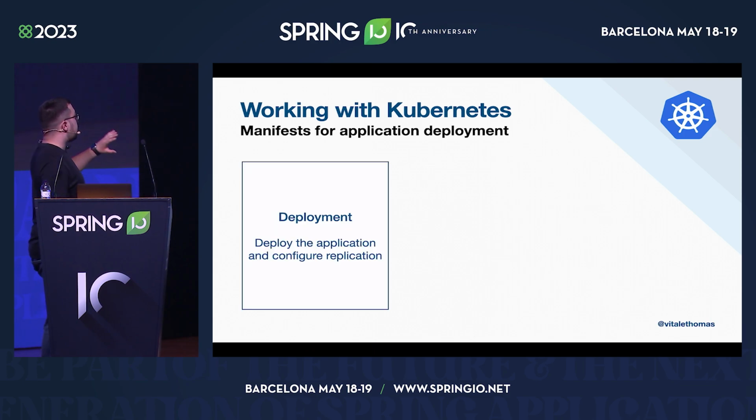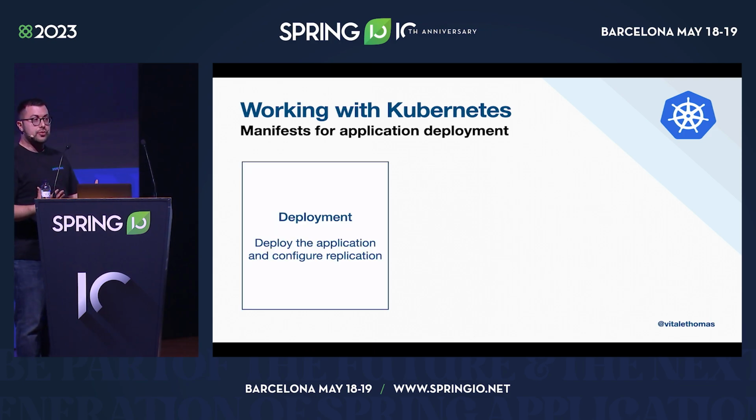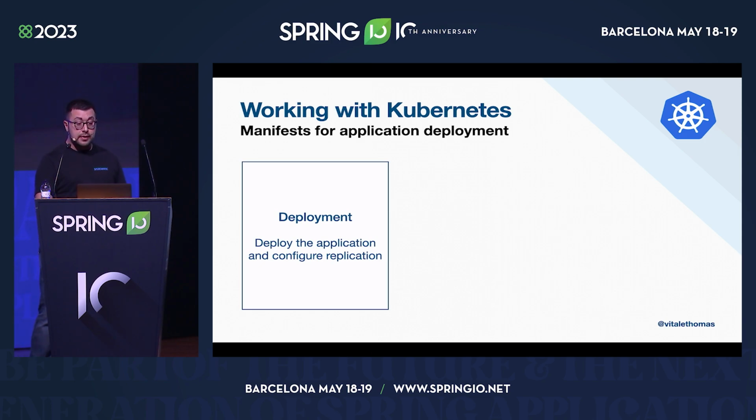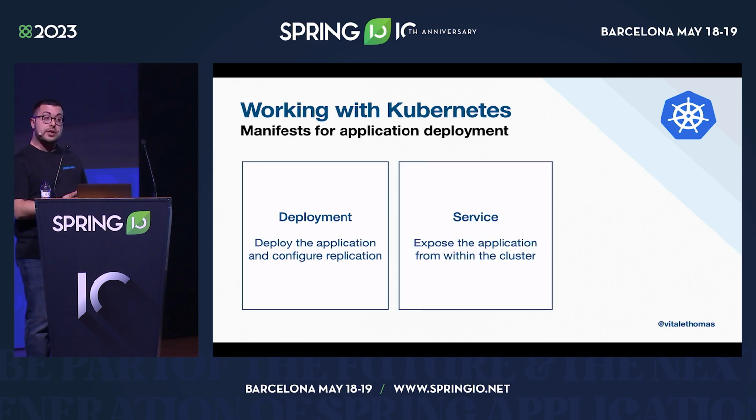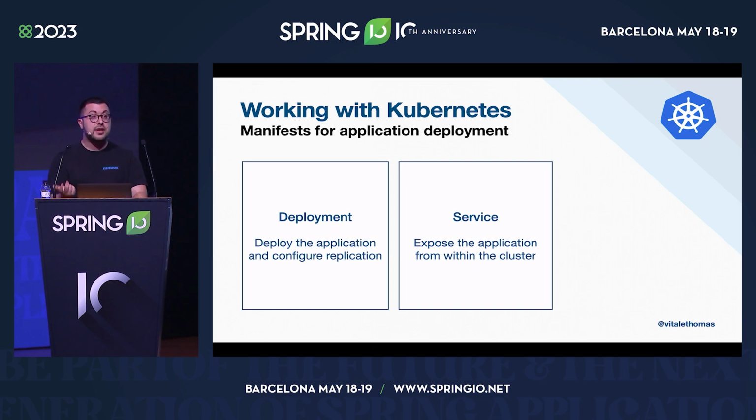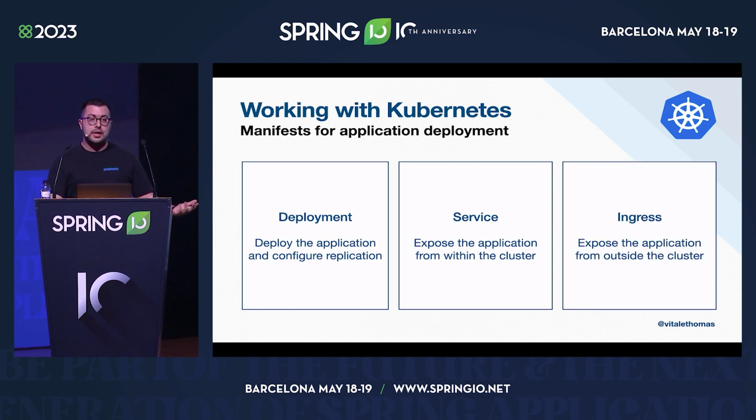We need a deployment object to identify how to deploy the application and how to scale it. We have a service object to expose the application from within the cluster, and that's not even enough, because then I cannot use it from outside the cluster. So I need yet another object. Even if I get a Kubernetes cluster, I need to configure a lot of things just to deploy my application.